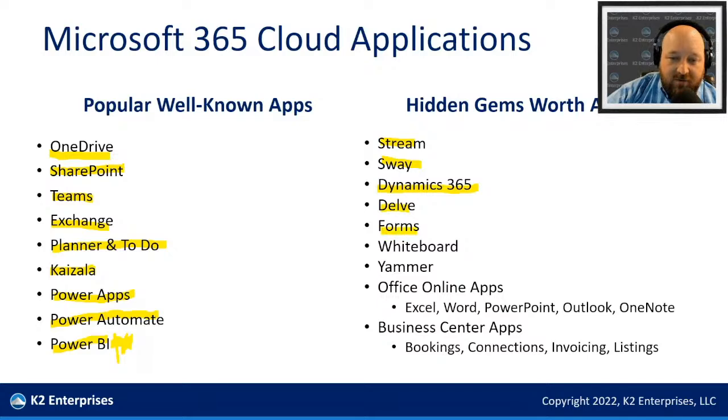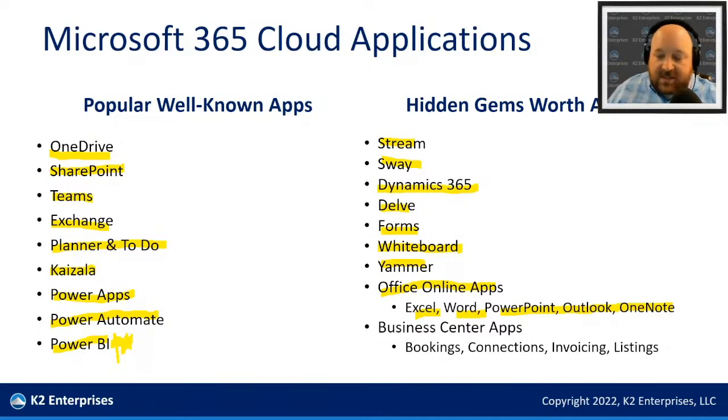There's Microsoft Forms for creating quizzes and feedback from your staff or customers or whomever. There's whiteboarding capabilities. There's Yammer, which is social media connections inside your business. There are whole cloud versions of all the existing online apps too. So there's a cloud version of Excel, a cloud version of Word, a cloud version of OneNote, Outlook, and more that'll run 100% in the browser.